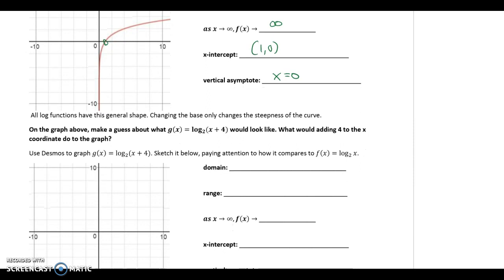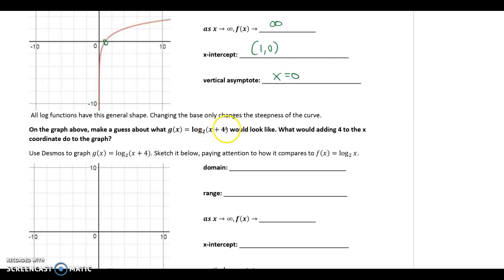So on the graph above here, what we're going to do is make a guess about what happens, knowing all the things we've looked at before with parabolas, with exponentials, on how we move things up and down or left and right. So this is inside the parentheses. So again, remember, we think opposite, and it's going to affect the x.